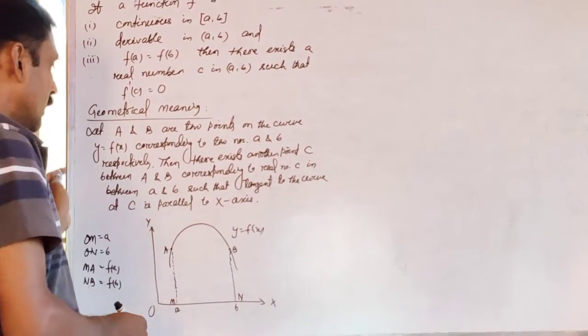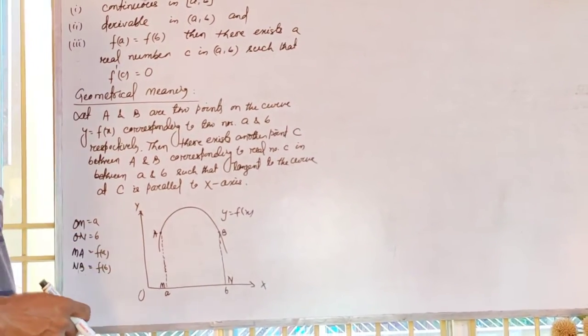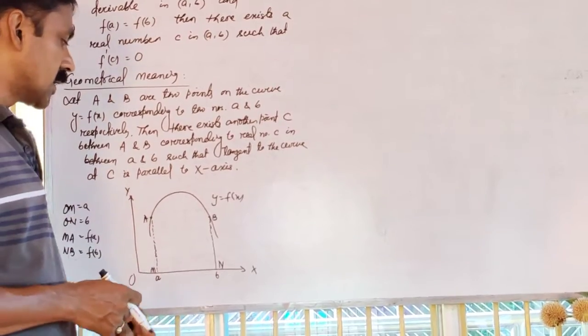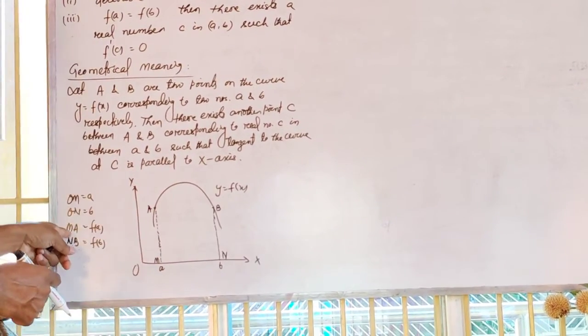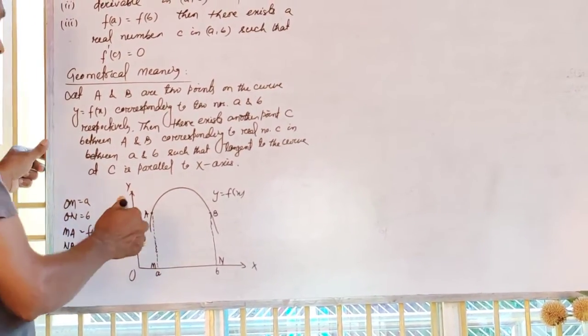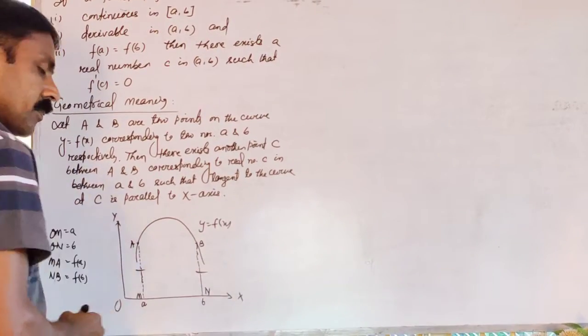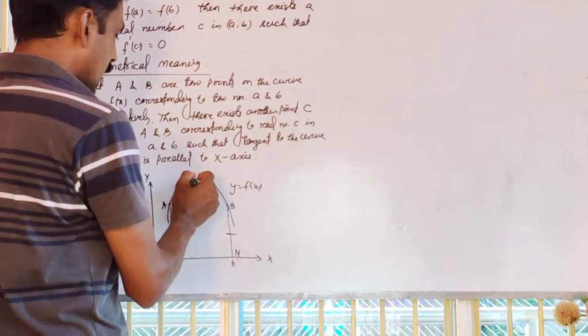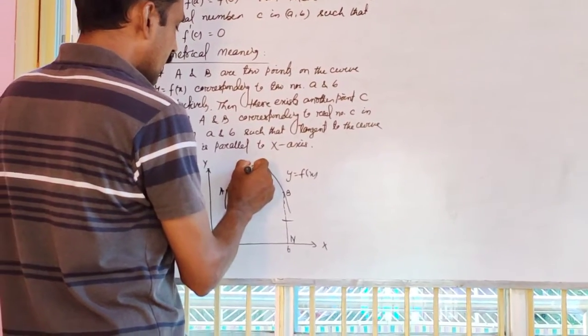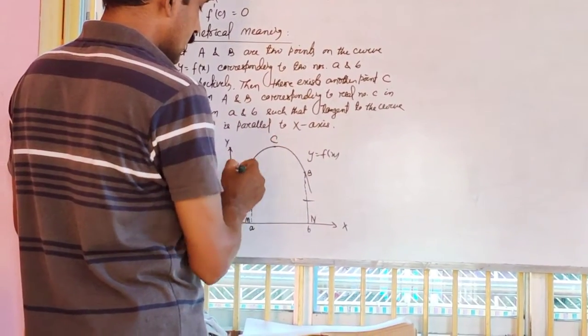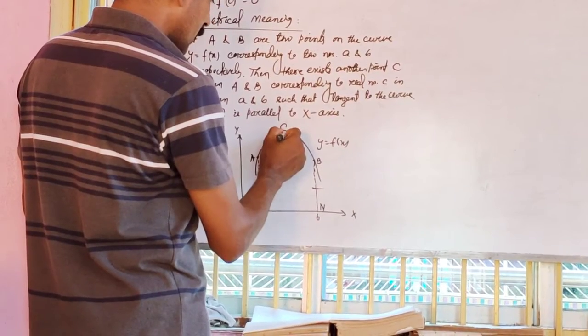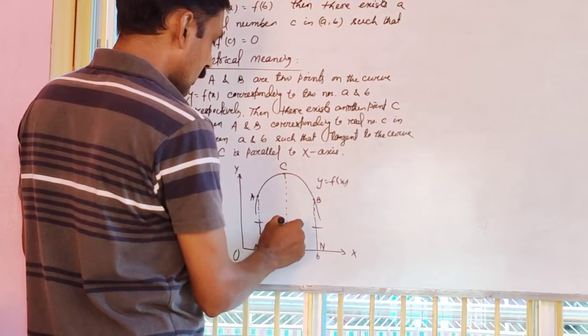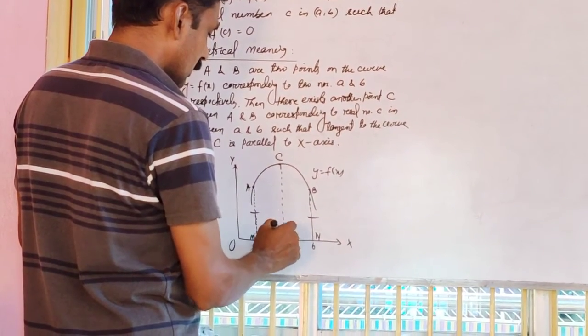Now here it is given the graph is continuous, it is differentiable, and here f of a equal to f of b, means these two are equal. Then what will we get? In between A and B, suppose there is a point C, capital C, corresponding to small c.